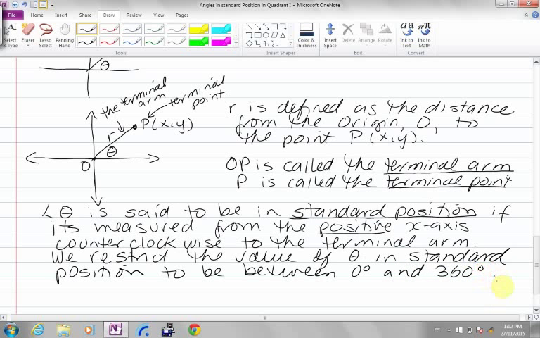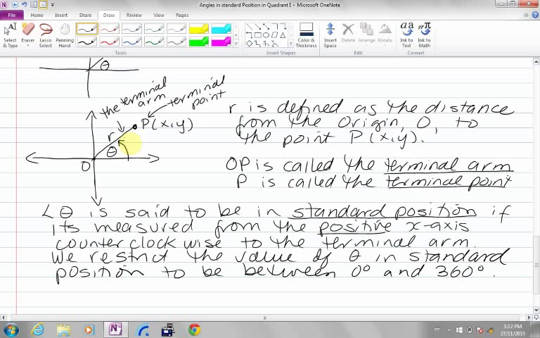Okay? So this is important. Let me explain it a few times. When we're measuring angle theta, we're always measuring from the positive x-axis until we hit that terminal arm. That is theta in standard position.